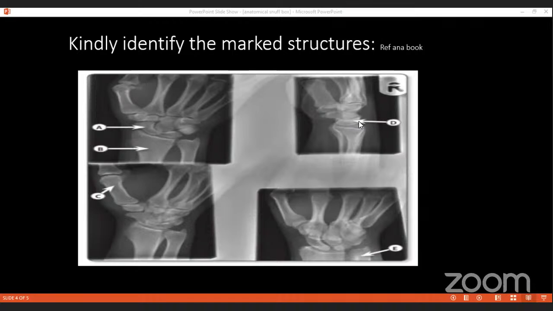It was lunate. Lunate. Yes, it looks very lunar. So you have to look closely. Lunate means lunar, moonlike, incomplete. And this one is ulnar. E, distal ulna, yes.